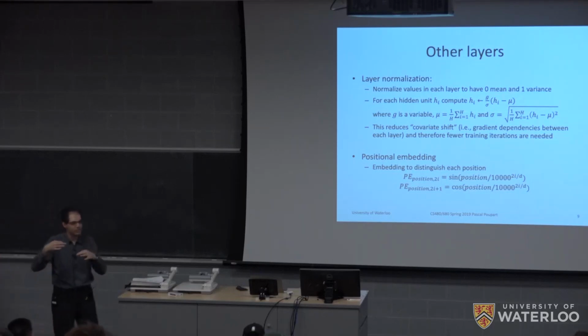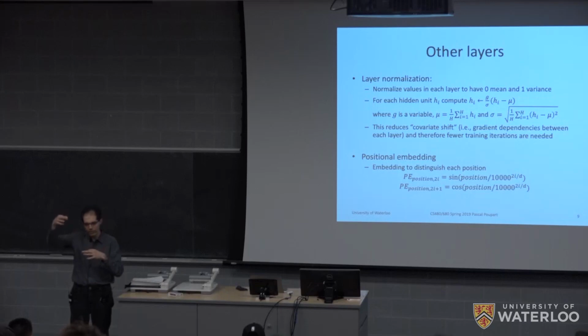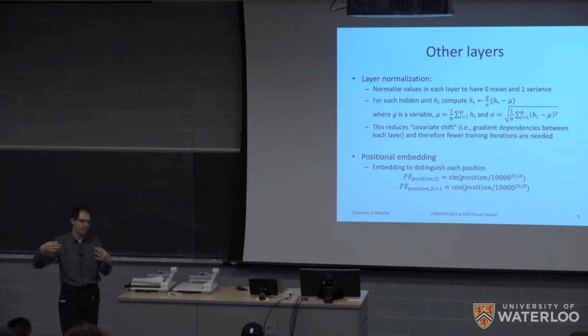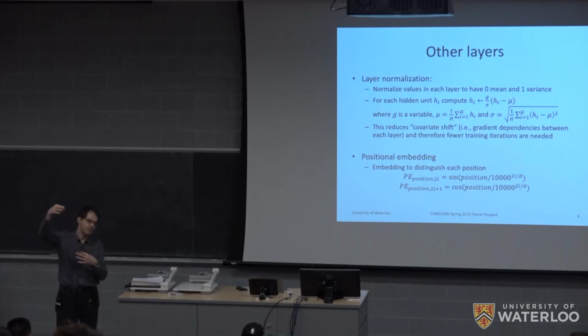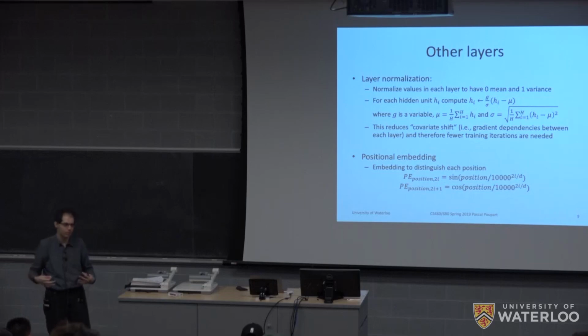And therefore, if there's some gradient computation that depends on the output of that layer, the outputs of that layer are always going to be at the same scale. They're going to vary, but at least they're going to remain on the same scale. And then, as a result, the other gradients, when we compute them, don't have to adjust simply because we're changing the scale of those outputs. So that reduces the dependencies between the layers, and it tends to make the convergence faster.